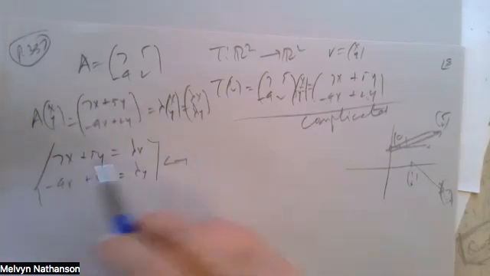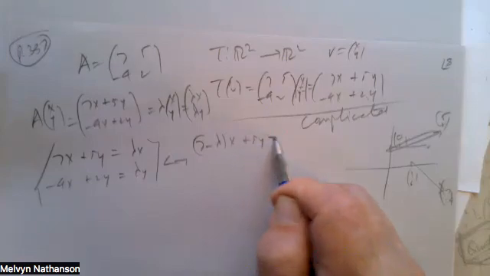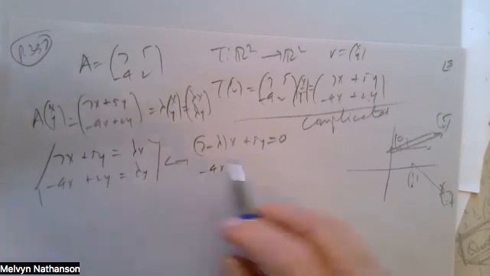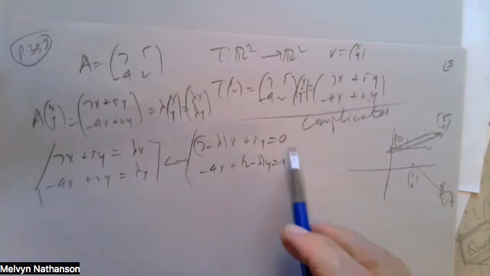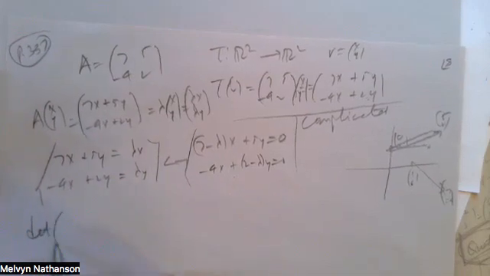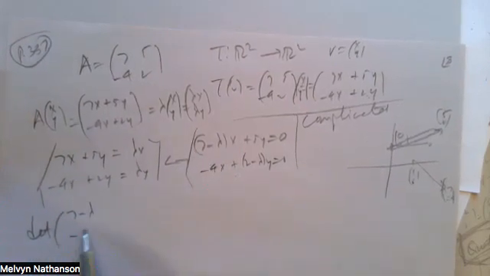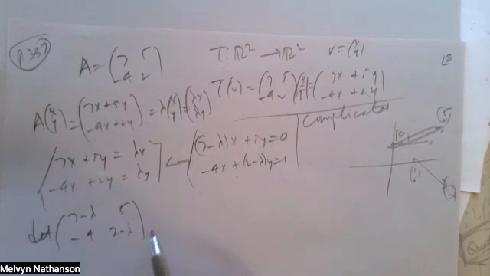Which is the same as the system 7 minus lambda x plus 5y equals 0, minus 4x plus 2 minus lambda y equals 0. And in order for this system to have a non-zero solution, the determinant of the matrix of coefficients, we want that to be 0.